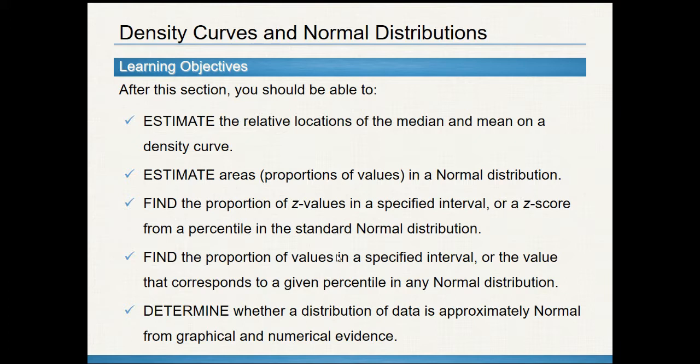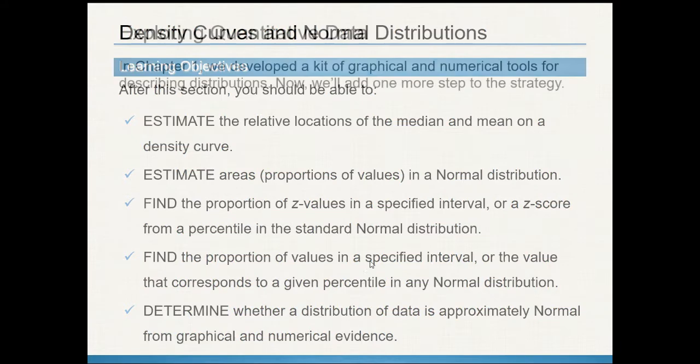We should be able to find the proportion of values in a specified interval or the value that corresponds to a given percentile in any normal distribution. And we should be able to determine whether a distribution of data is approximately normal from graphical and numerical evidence. Okay, so those are our learning objectives for this section.